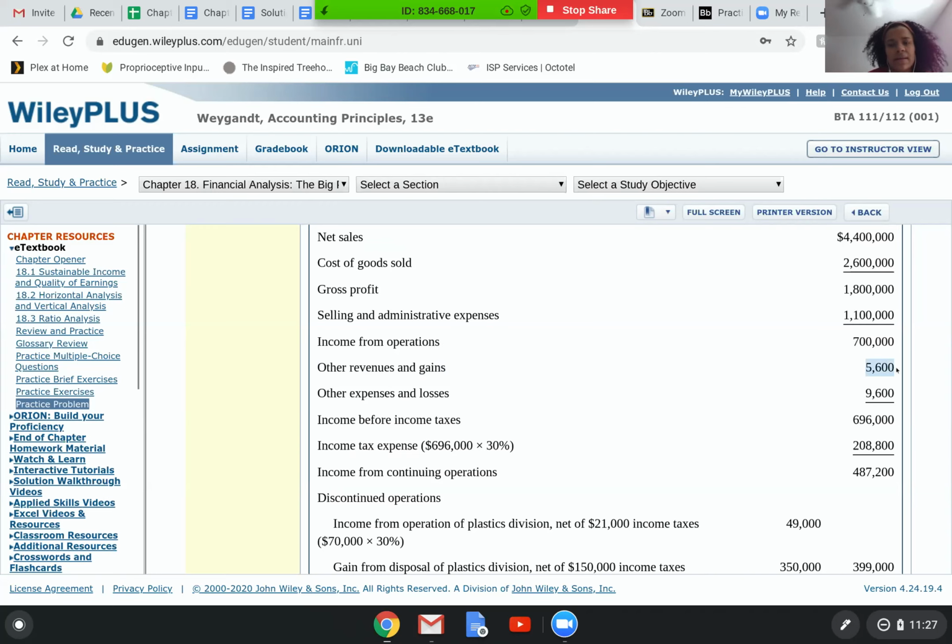5,600. This should, if you somehow still remember the work from chapter 14, this should be somewhat familiar. Other expenses and losses, 9,600. So you'll add the gains and revenue to the 700,000 and subtract the expenses and losses, and the result is income before income taxes of 696,000.